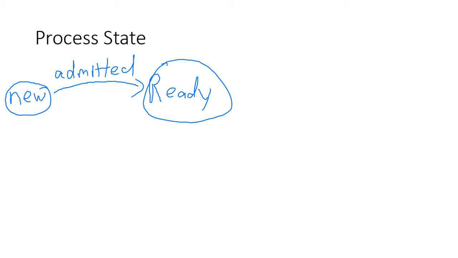But until then, it's all set and in a way waiting to begin executing. That's the ready state. It's waiting, but we call it ready instead of waiting. It's ready, but it's not what we would call running.